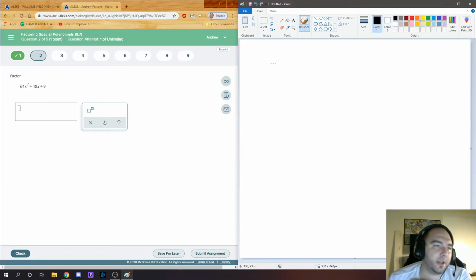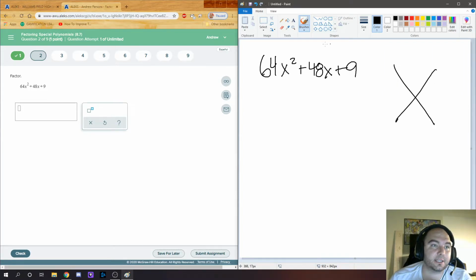The reason why you want to look out for this special case is because of problems like problem number 2 here. If you tried to do this the normal way with the X, you'd be looking at 64 times 9, which is 576.